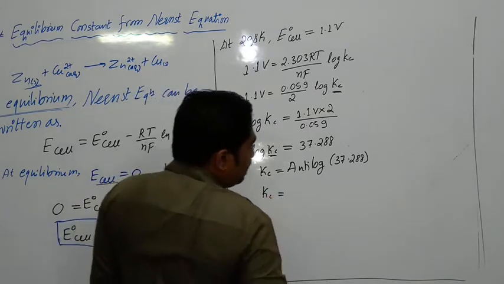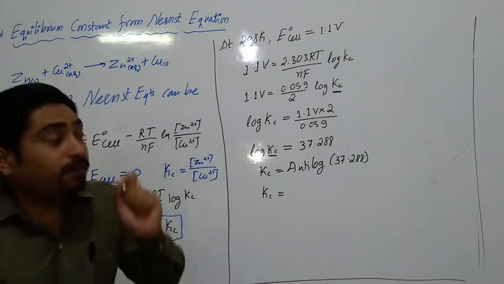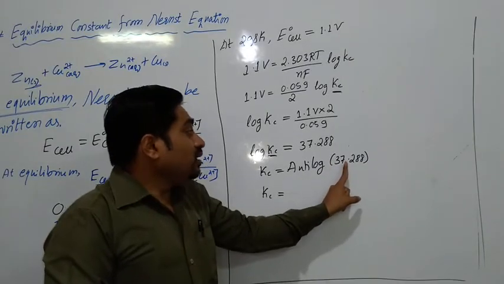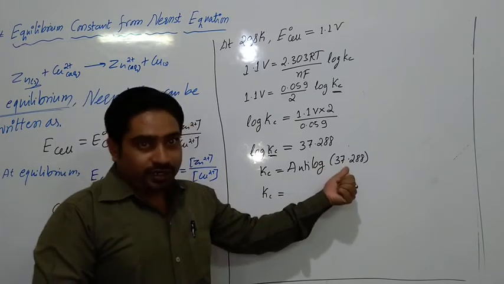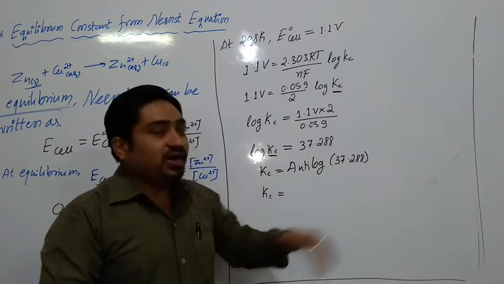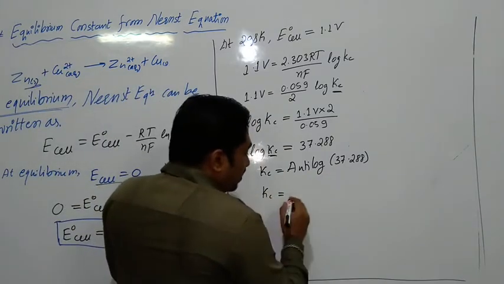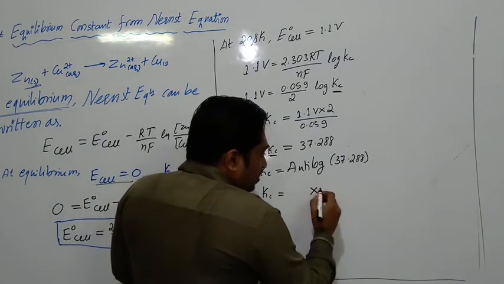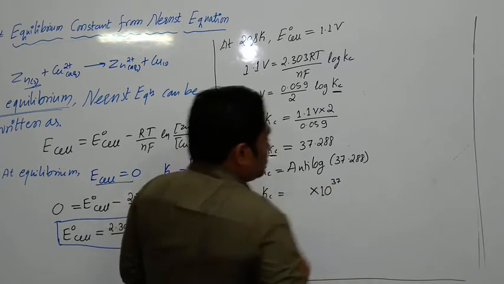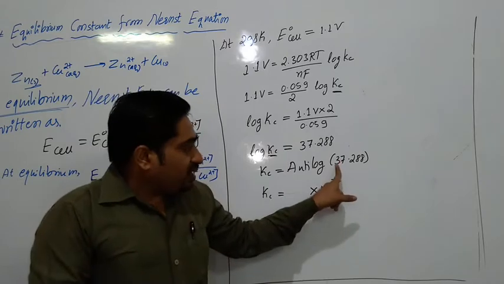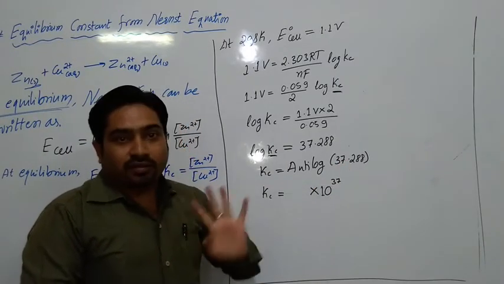For the anti-log of positive numbers, the numbers before the decimal point are taken as the power of 10. They should be written as 10 to the power. In the answer, our result must come in terms of 10 to the power 37.